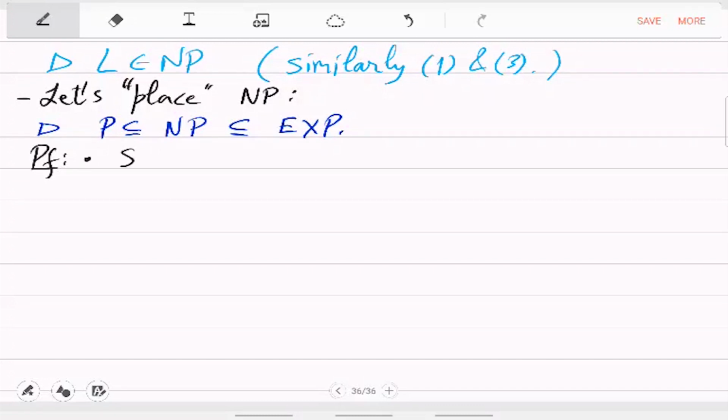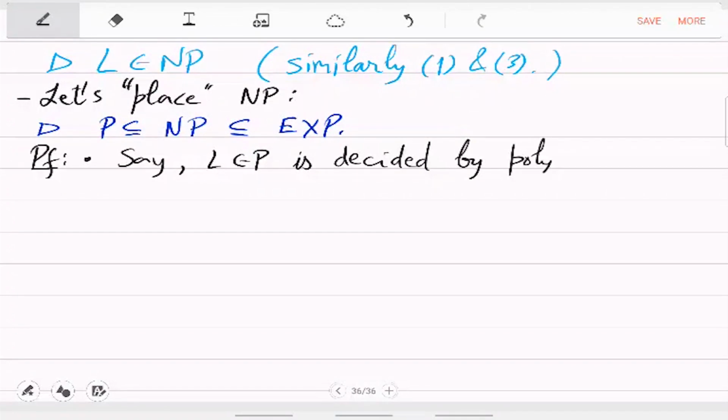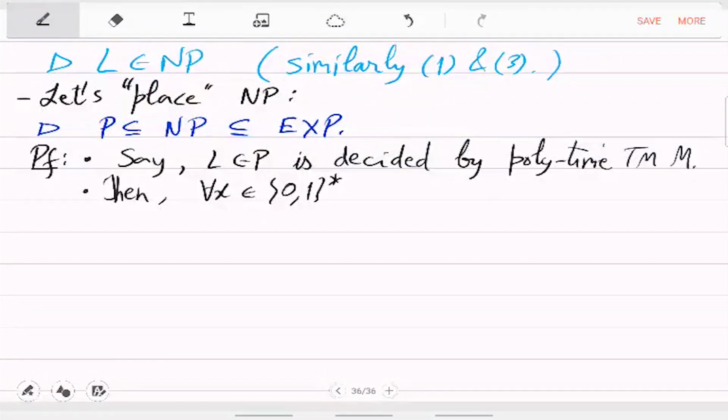So let's prove the first part. So say L is in P. So it is decided by a poly-time Turing machine M. So then for all input X, X is in L if and only if M(X) is 1.